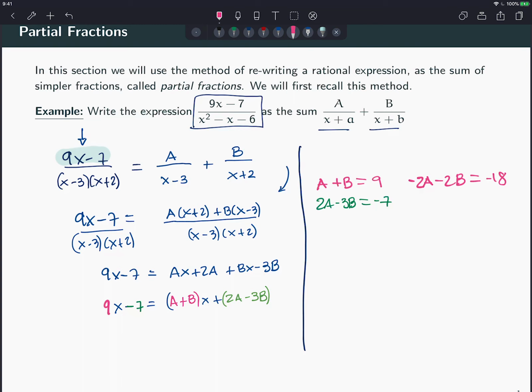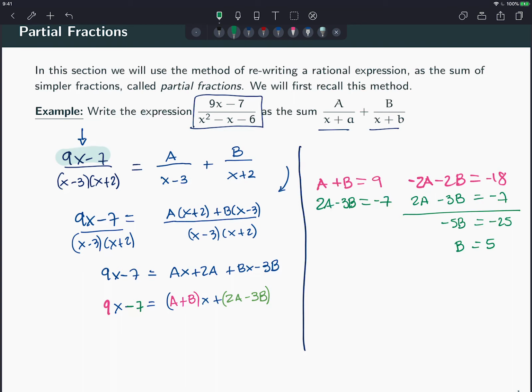I copy the second equation as it is, because now I'm going to cancel the a's. When you add these two equations, the a's cancel, you get negative 5b equals negative 25, which gives us that b is a positive 5.